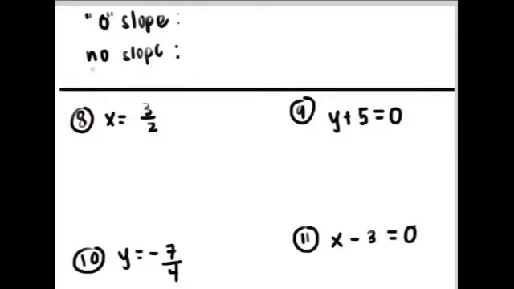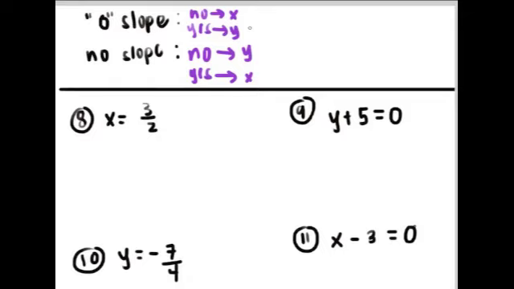Let's start with the no slope. There's no slope when there's no Y. So we have no Y, but we do have an X. Okay, there's a zero slope when we have no X, but we do have a Y. Today, remember, it's just to help you identify what the slope is.